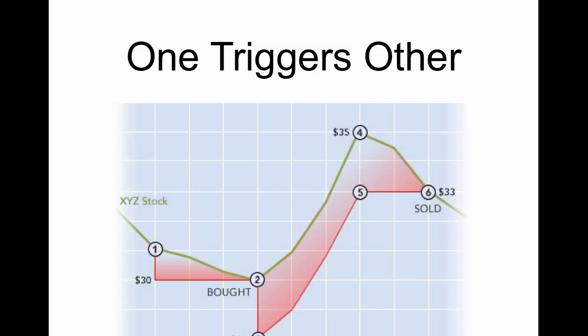That happened at circle number 2. Now at the exact same time that we buy that stock, we already have another order that says, at whatever price it gets bought, we're going to have in this case a $2 trailing stop loss. So what that's going to do is automatically enter an order that's contingent upon the fact that if XYZ stock trades down to $28, then we're going to sell out at a loss.